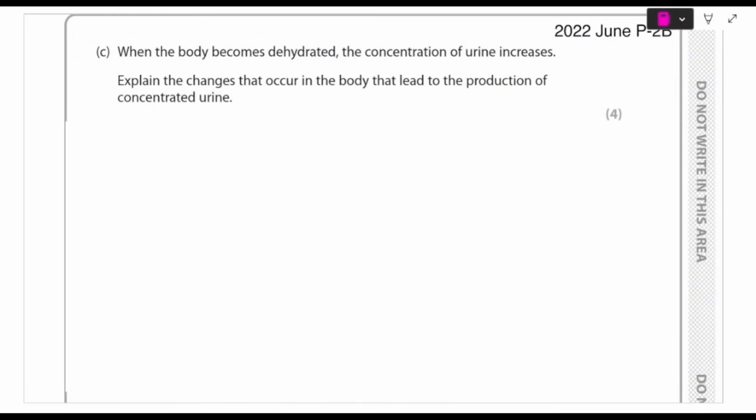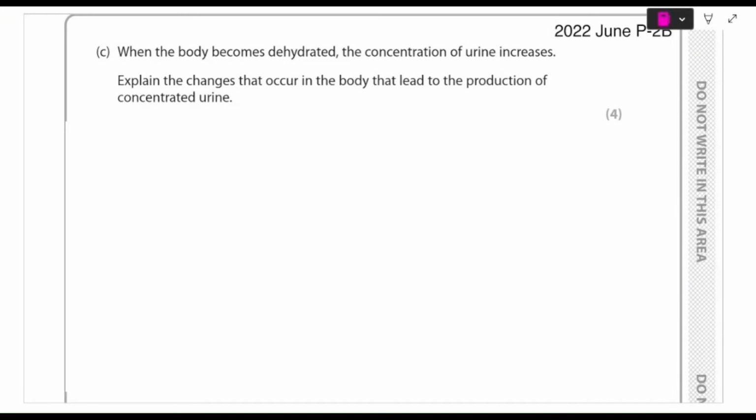So when the concentration of ADH increases, ADH causes the walls of the collecting duct to be more permeable. If they become more permeable, then osmosis can occur at a faster rate, or happen more often.